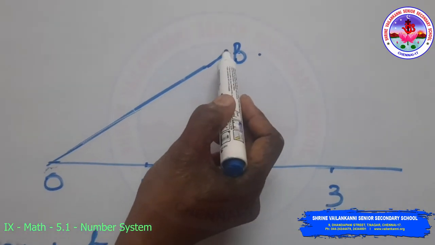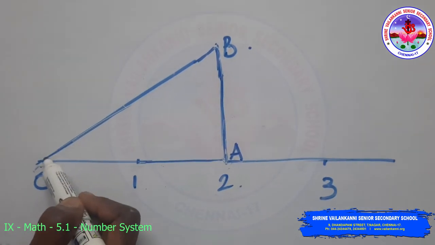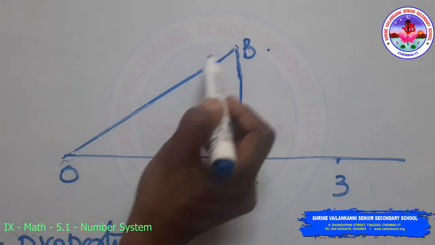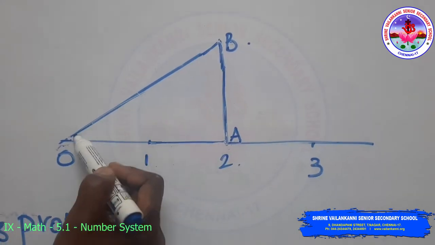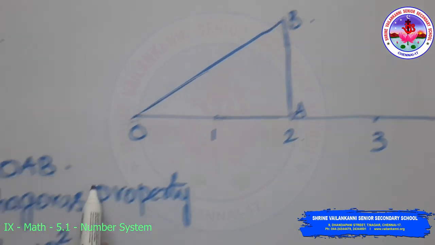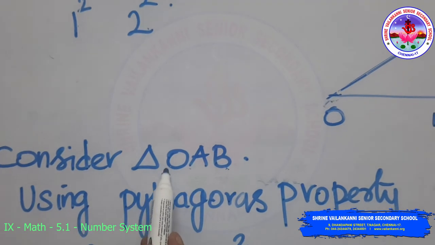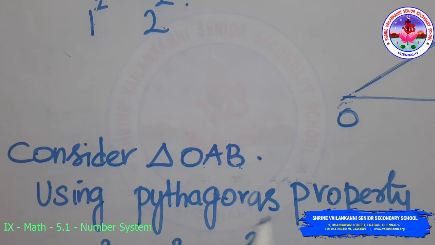Now I am joining B with O such that OB, which is the hypotenuse of this right angle triangle OAB. To find OB, we are using the Pythagoras property. Consider right angle triangle OAB using Pythagoras property.